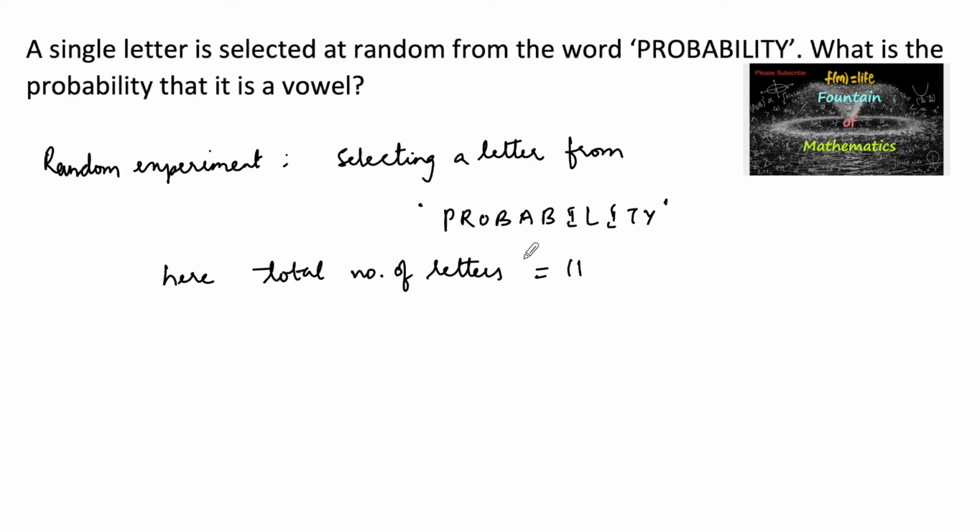Out of these 11 letters, we will select 1. That's a sample space. So we can write n of s is equal to, among 11 letters, we need to select 1. And our event in the experiment is selecting a letter is a vowel.